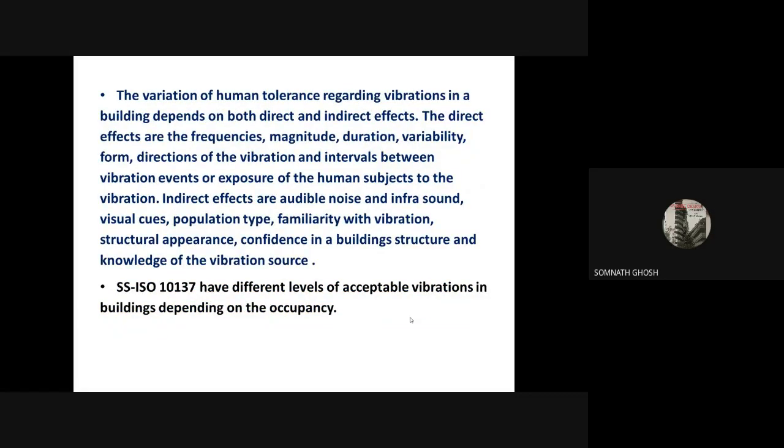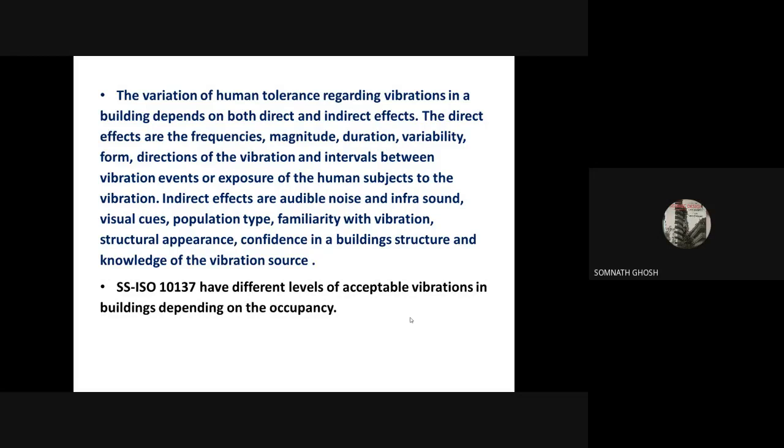Similarly, try to understand that the variation of human tolerance regarding vibration in a building depends on both direct and indirect effects. I'm just reading out the sentence; that will be better for you to understand. The direct effects are the frequencies, magnitude, duration, variability, form, direction of the vibration, interval between the vibration events, or exposure of human subjects to vibration.